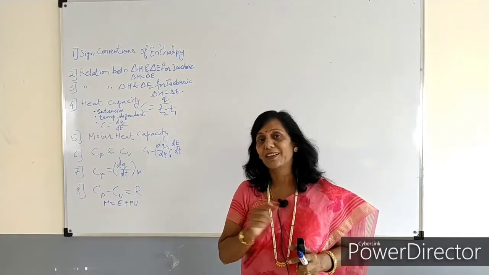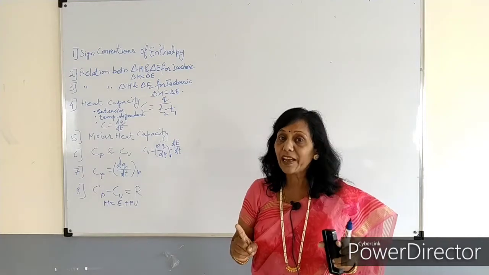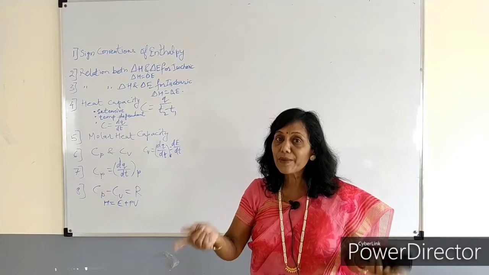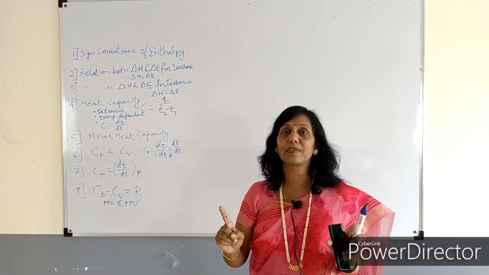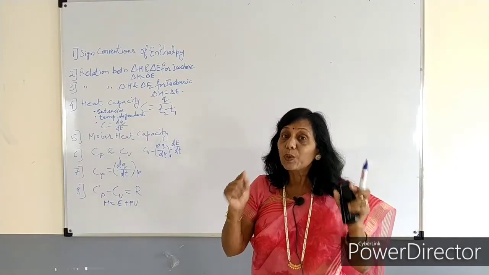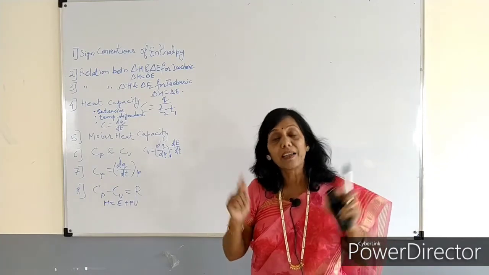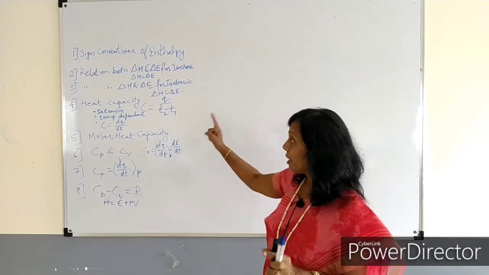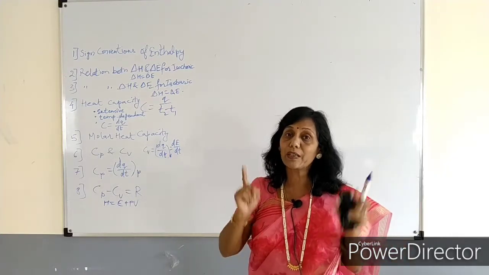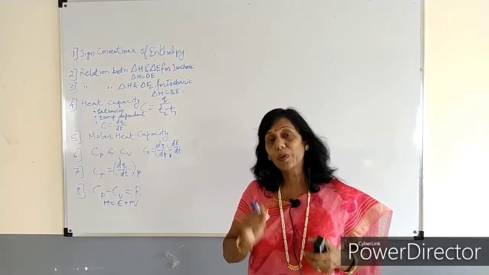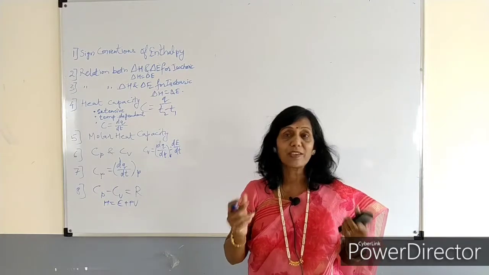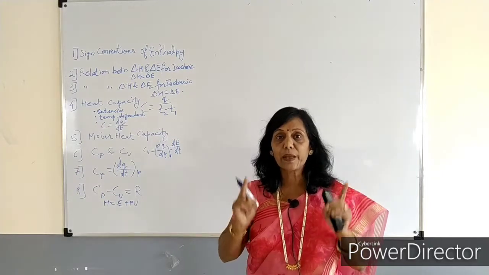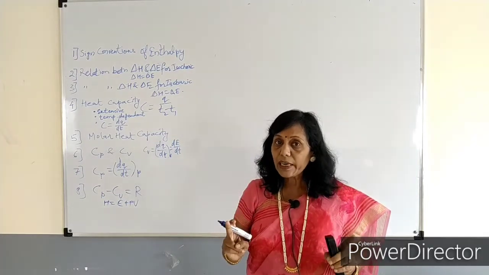Clear? The molar heat capacity is defined as the amount of heat required to raise the temperature of the system containing 1 mole of the substance, right, through 1 degree centigrade under the given set of conditions. Such heat capacity is called molar heat capacity.